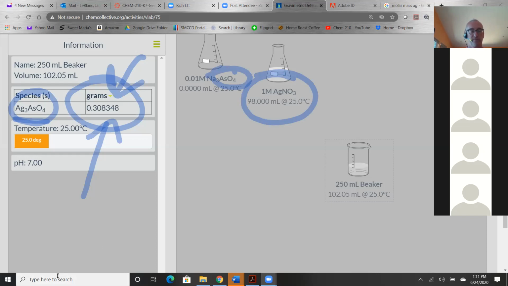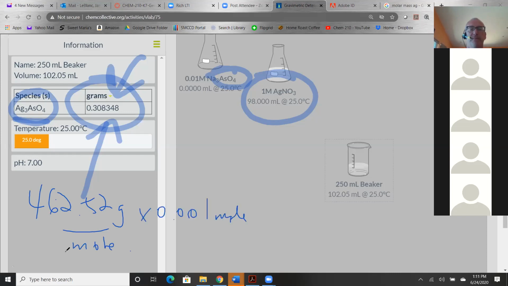The other thing you could do is, since the molar mass of silver arsenate is 462.52 grams per mole, so if we actually had 0.001 moles of arsenate, what's the mass we would expect to see?